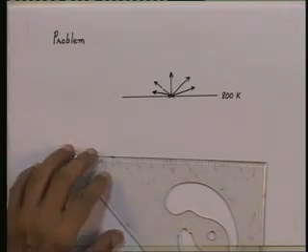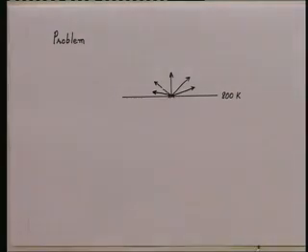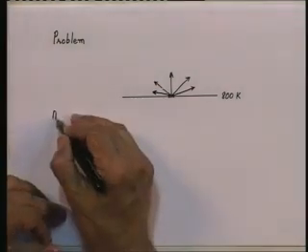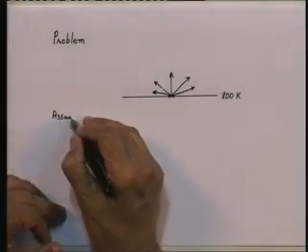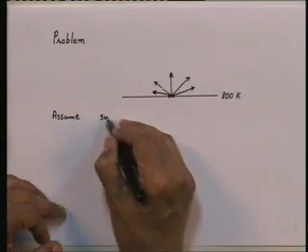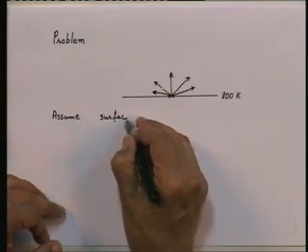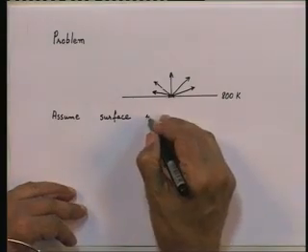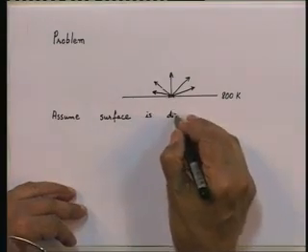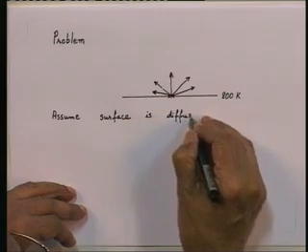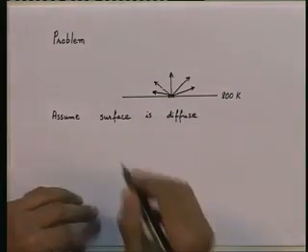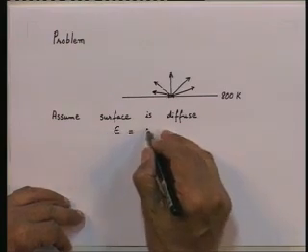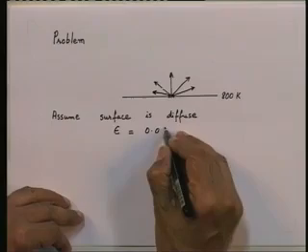Now, let us assume the surface emits radiation in a diffuse manner, or assume the surface is diffuse, and let us say the emissivity of the surface is 0.08.